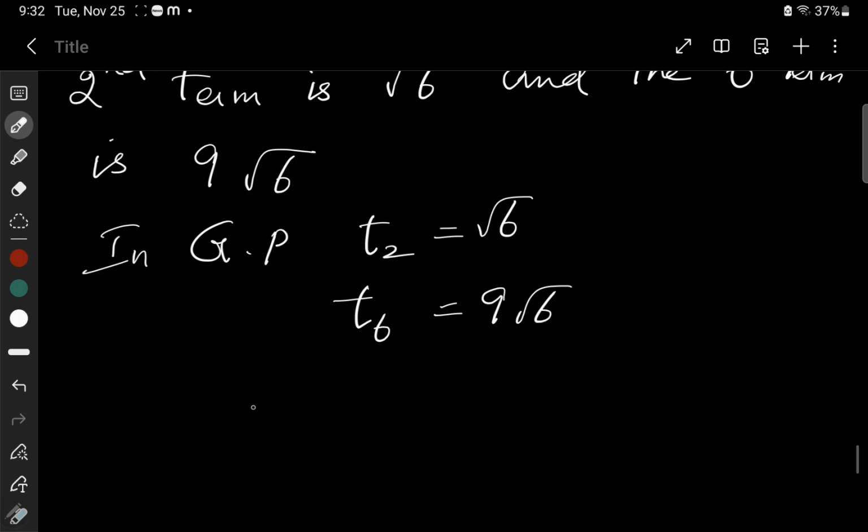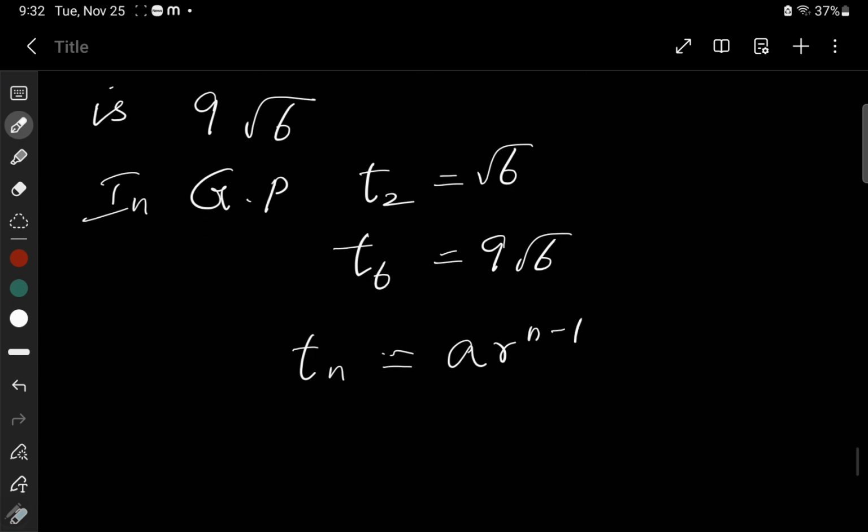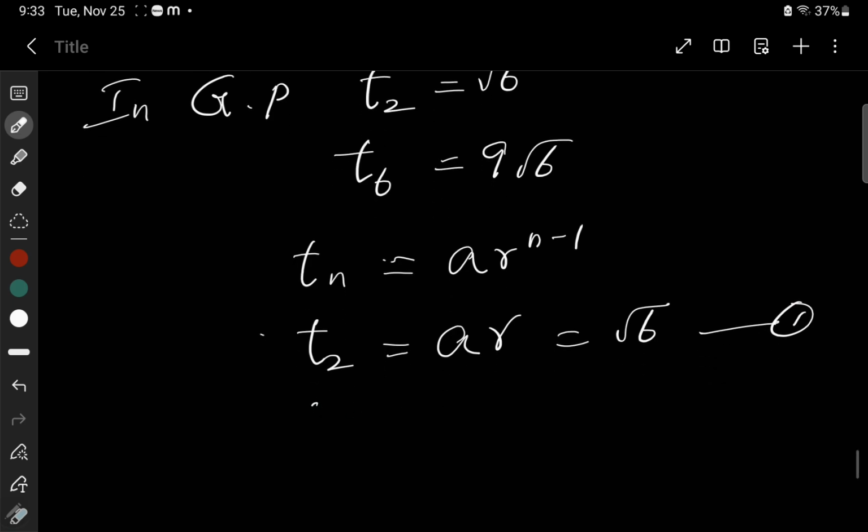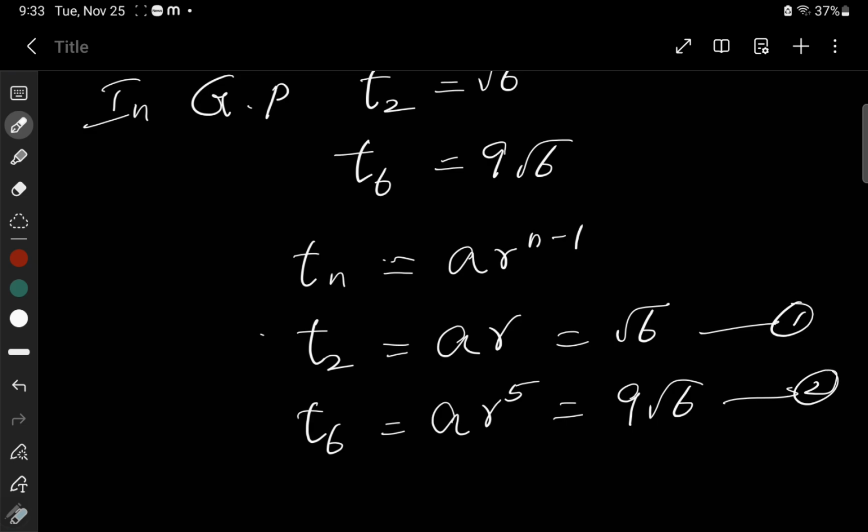You have to find the sequence. So the nth term is a r power n minus 1. So second term T2 is a r power 2 minus 1, ar, given as root 6. Let me mark this as equation 1. T6 is a r power 6 minus 1, that is ar power 5. This is equal to 9 root 6, equation 2.